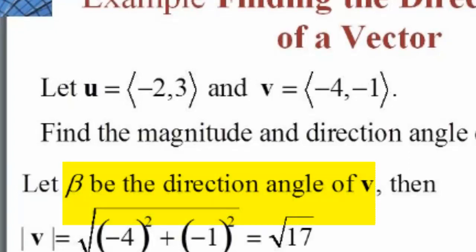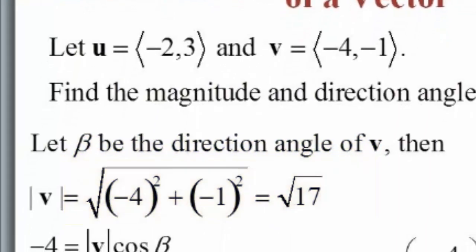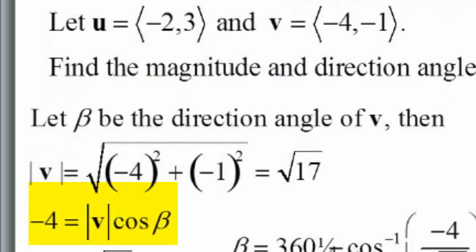Now with vector v, we're going to let beta be the direction angle of v. So we want to find the magnitude of the vector. It will be the square root of negative 4 squared plus negative 1 squared, which equals the square root of 17. Again, we only need the horizontal component. So negative 4, which is the first component of the vector v, will equal the magnitude of v times cosine of beta.